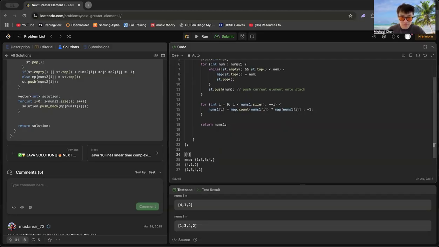Four is not bigger than two. Therefore, you push two. That is a stack, right? And then for num in nums1, you're iterating through nums1, and for each num, you look up the map count.